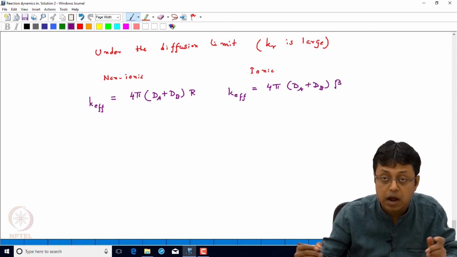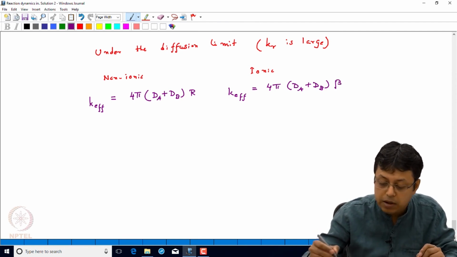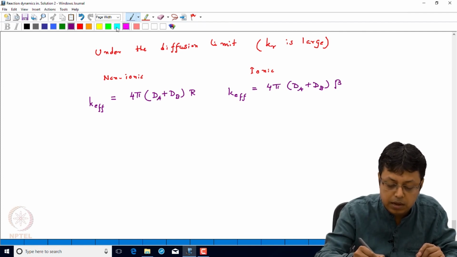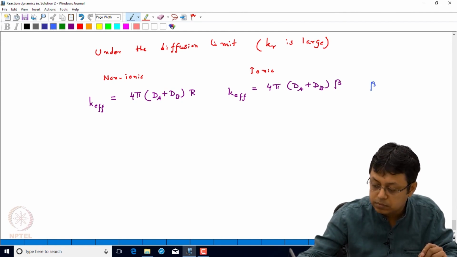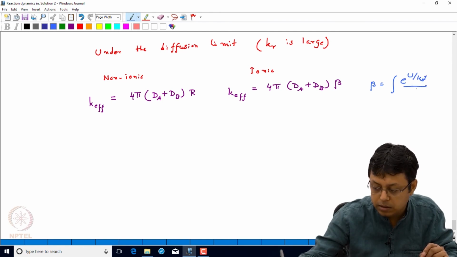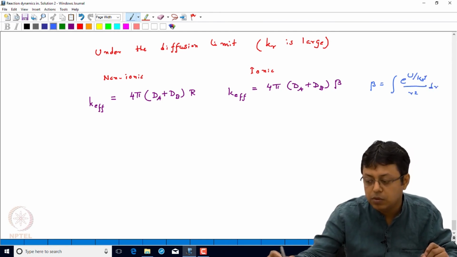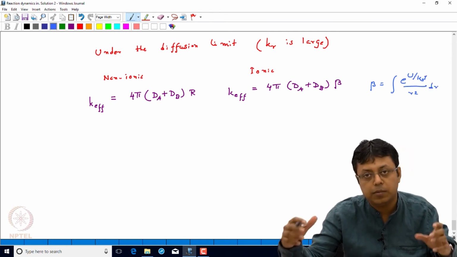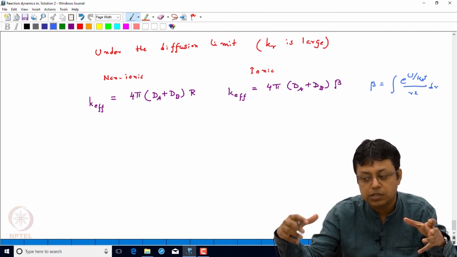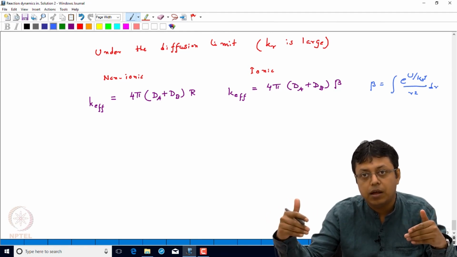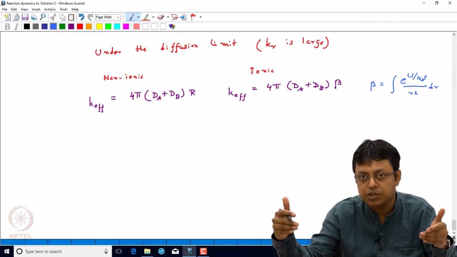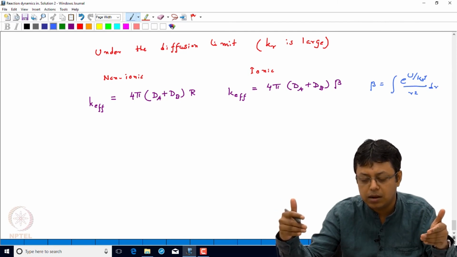Now, R is basically the contact distance, and beta is nothing but the integral of e to the power u by kBT divided by r squared dr. If you look at it carefully, e to the power u by kBT is a number, and then dr by r square has the same dimension as the contact distance, the r dimension.